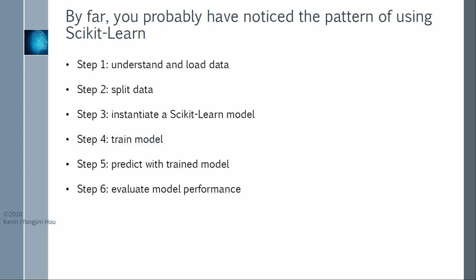In summary, those are the 6 steps that we need to follow for each machine learning model that we're building and evaluating. Today, we're going to do that for the KNN, and we're also going to follow the same 6 steps.